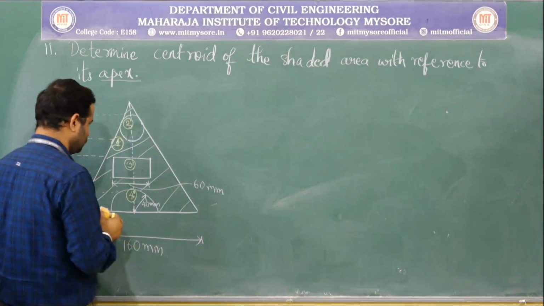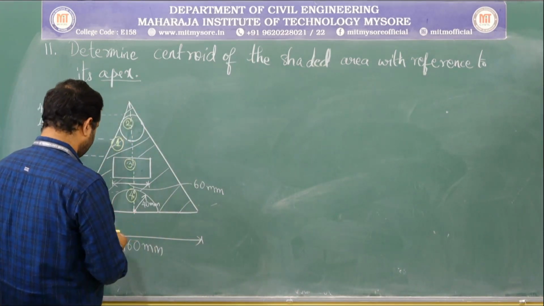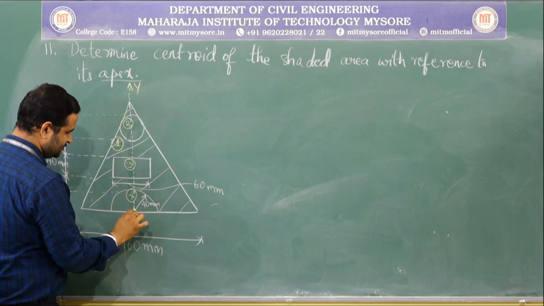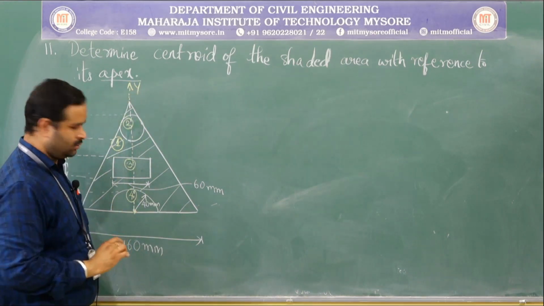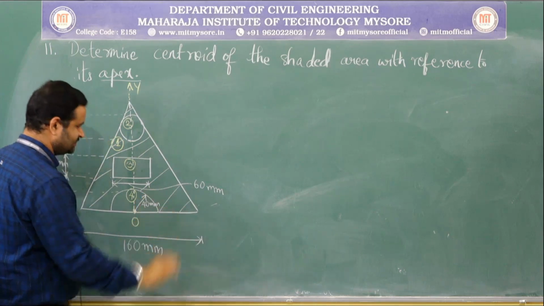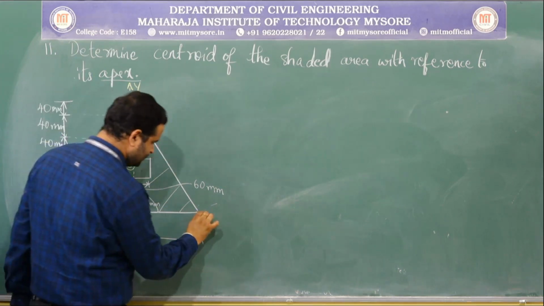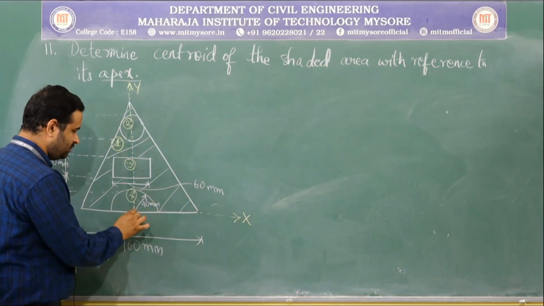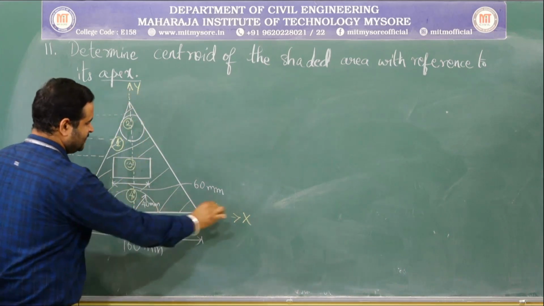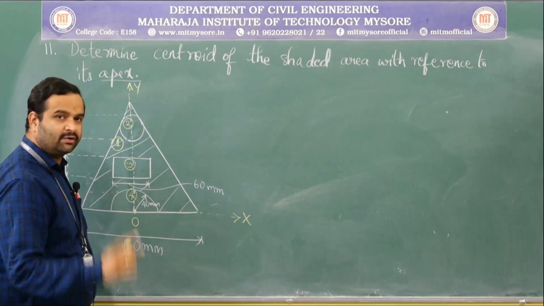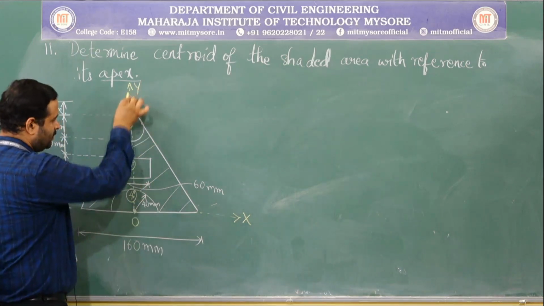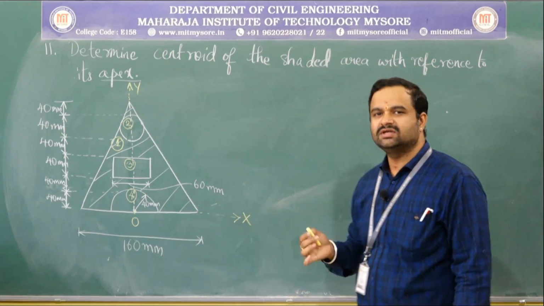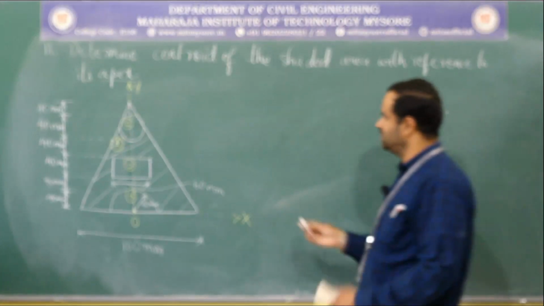Now, let us write this axis as OY axis, and let this be OX axis. You need to measure it along this axis and this axis only. The advantage here is, since it is symmetrical about OY axis, the centroidal value x bar will be equal to 0. Okay, let me mention it.